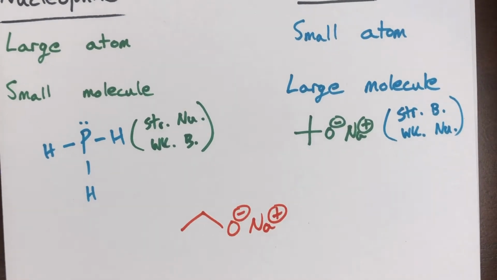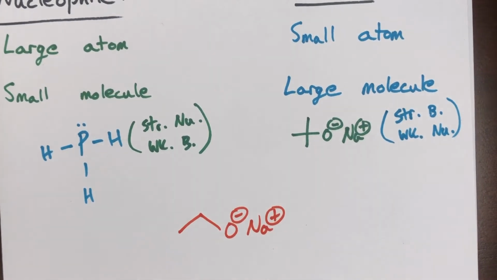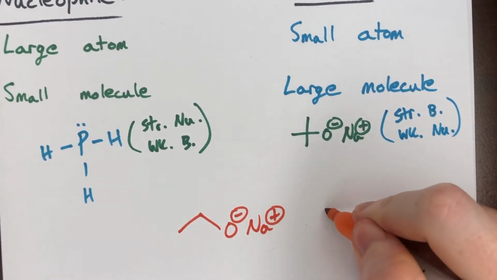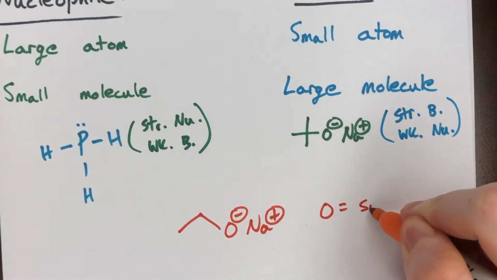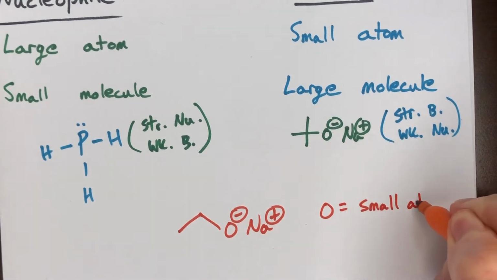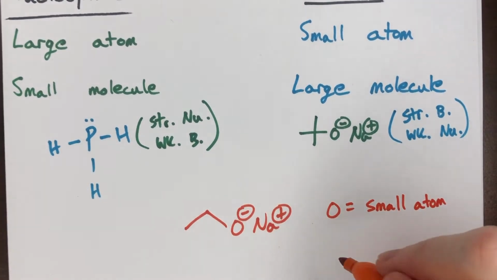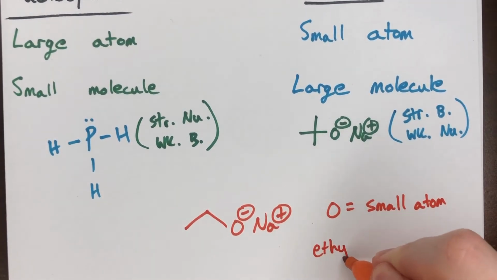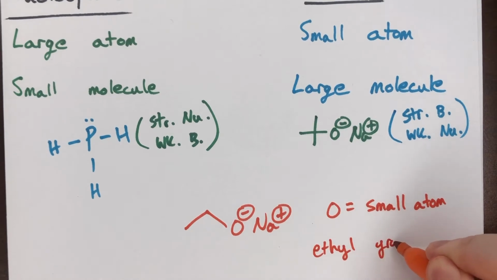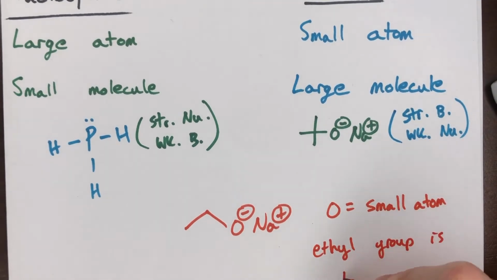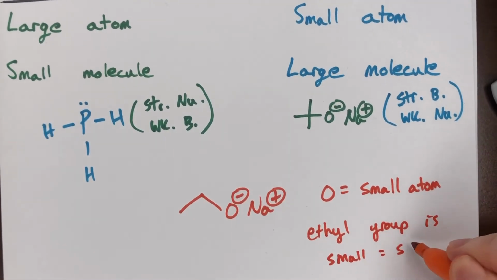Okay, so here let's look at this. We have oxygen as our reactive center. That's a relatively small atom. So oxygen equals small atom, okay? But the molecule itself is also pretty small. This ethyl group that is the substituent here is relatively small, right? So this is a small molecule.